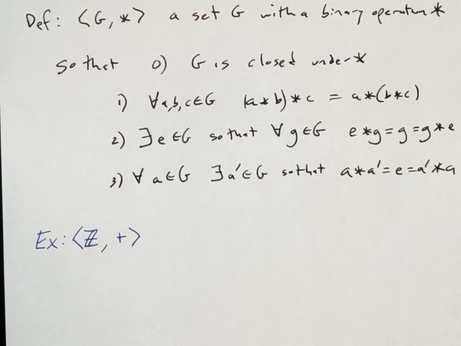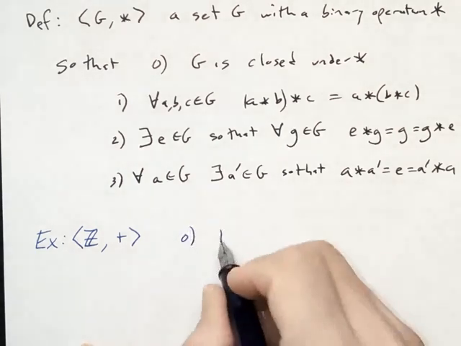So, closure. What's closure mean? If you take two integers and add them, you get another integer. And is that true? Okay, so I can actually write that out for property 0.